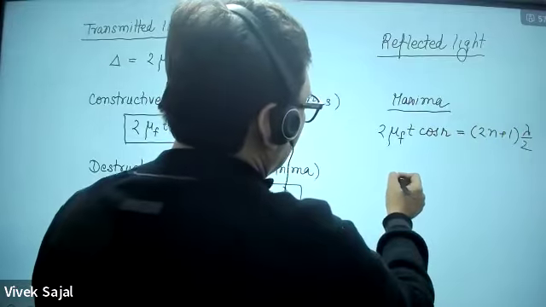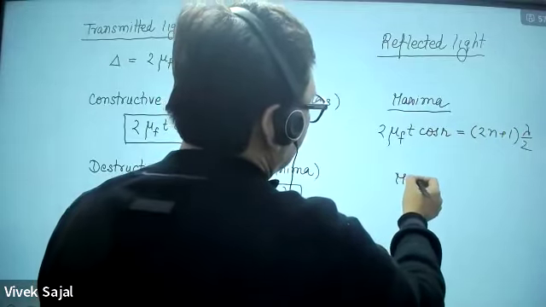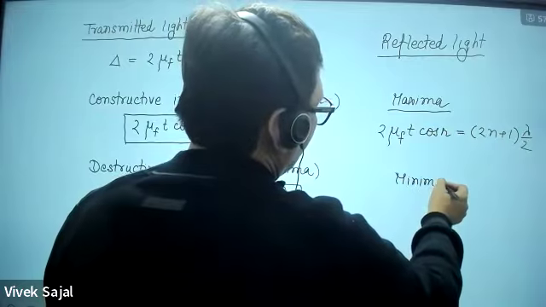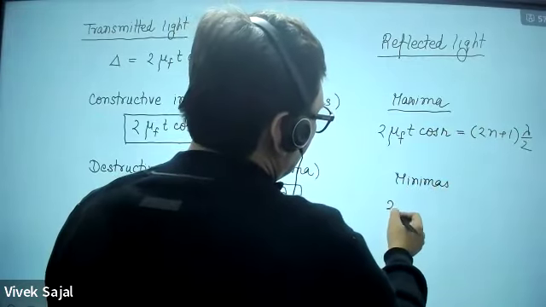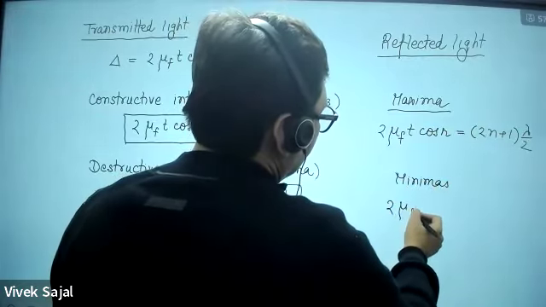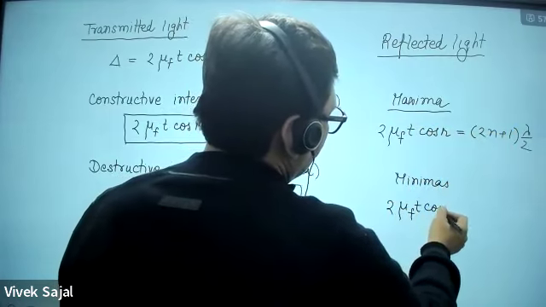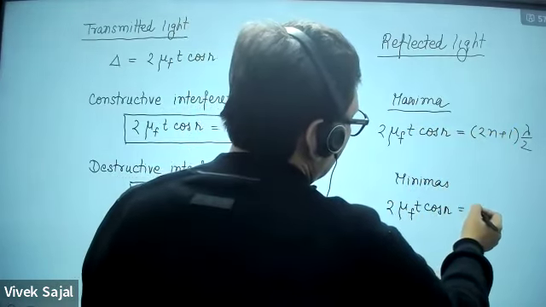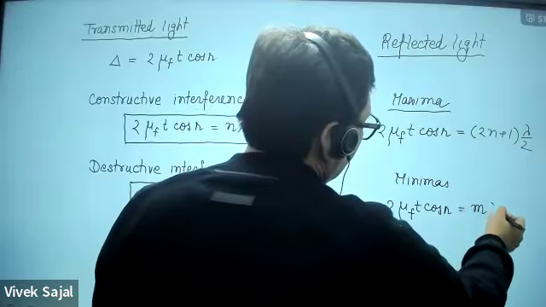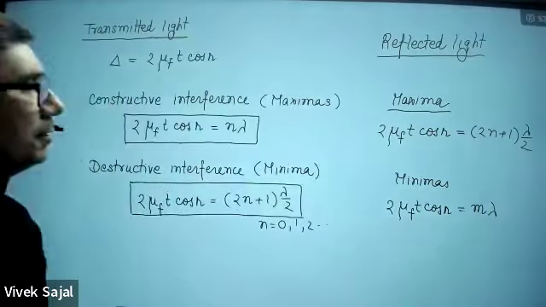And for minima, this was 2 mu t cos r equal to n lambda.